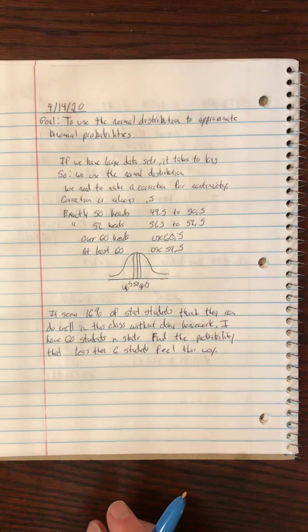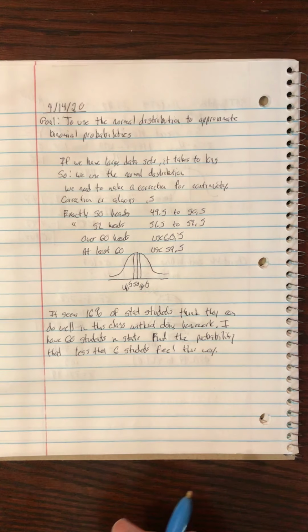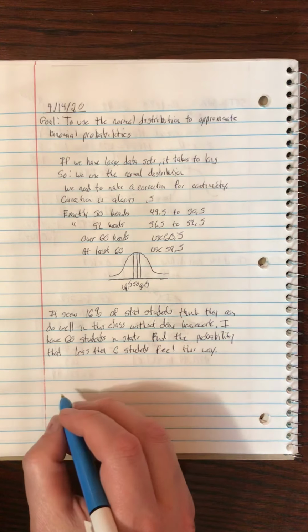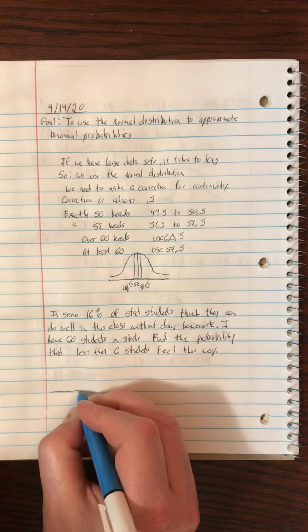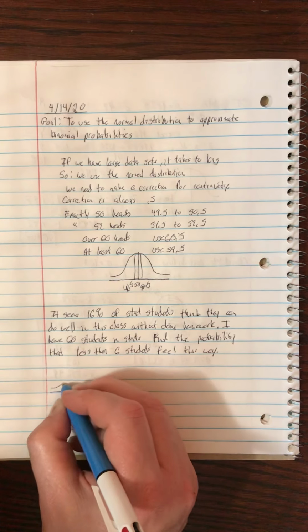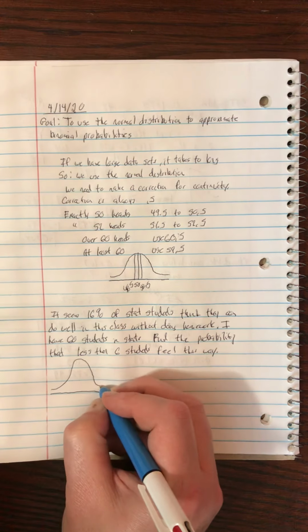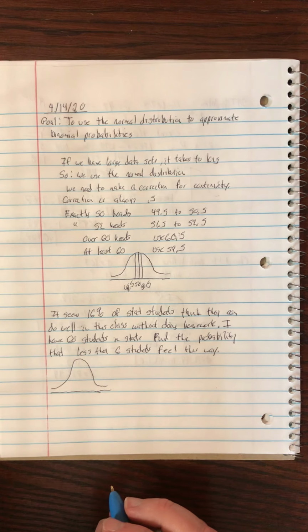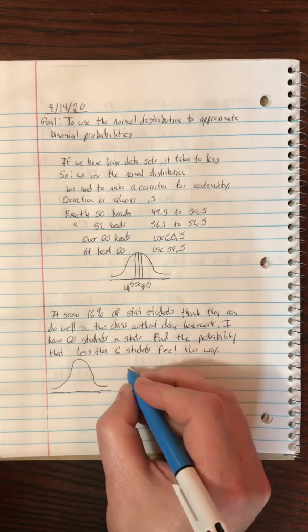First, again, remember we need to use the binomial, but again, we are going to draw our picture. So here's our picture. What do you notice that we don't have? There's nothing here that gave us a mean, is there? But there is a very easy way to find the mean. Do you remember?